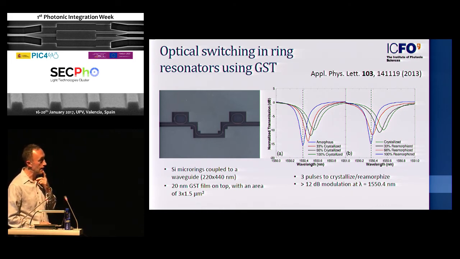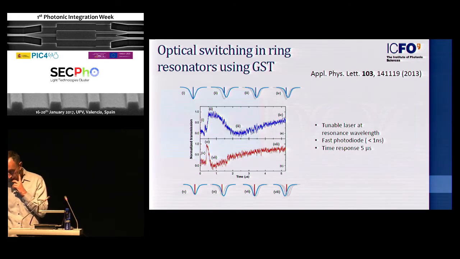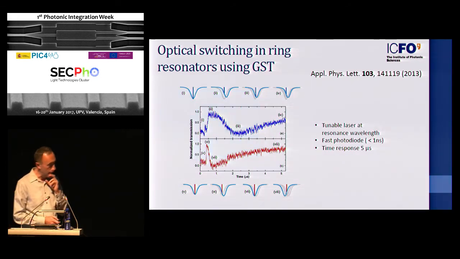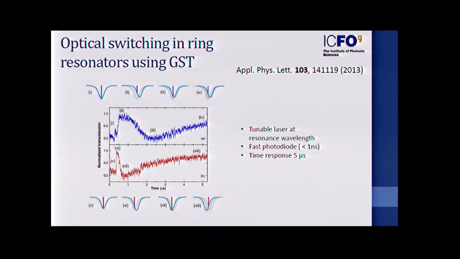You can achieve easily 13 dB modulation in the response at a given wavelength. And the interesting thing is that the process can also be quite fast. Okay? So it's not that fast. I will show you how to switch those materials in a much faster way, because here, with the thermal process, you essentially involve phonons, right?